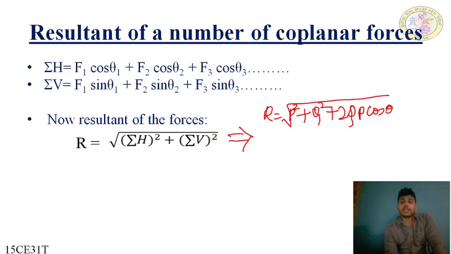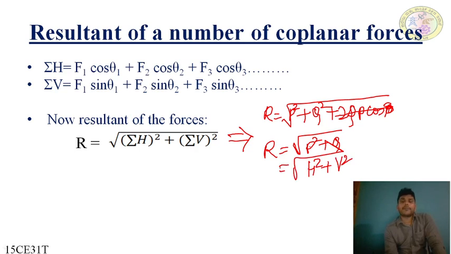For 90 degrees, cos theta equals 0, so this term will be 0, then R equals square root of P square plus Q square. P is the vertical component and Q is the horizontal component, or we can simply write R equals square root of h square plus v square. It can be derived from the triangular law also. I have derived it as per the parallelogram law of forces.